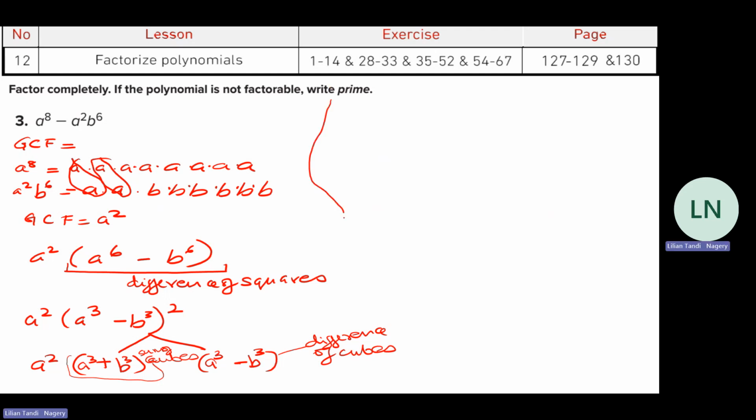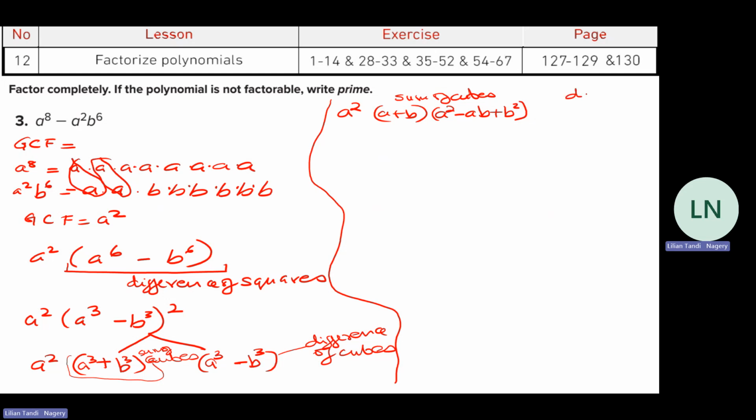So that continues. You're going to have a squared. Now you're going to do here sum of cubes. The formula says what? a plus b, a squared minus ab plus b squared.